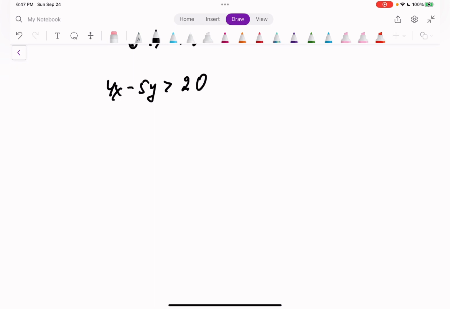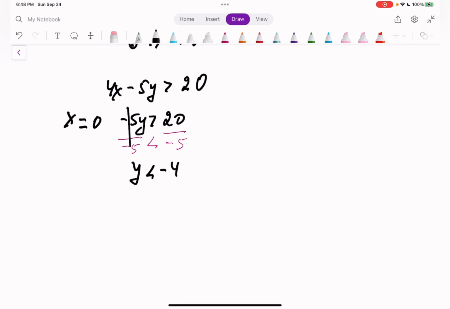Meaning, when x is equal to 0, what do I get? Negative 5y greater than 20. When I divide by negative 5, the sign also flips because it's negative. I'm getting y is less than negative 4.